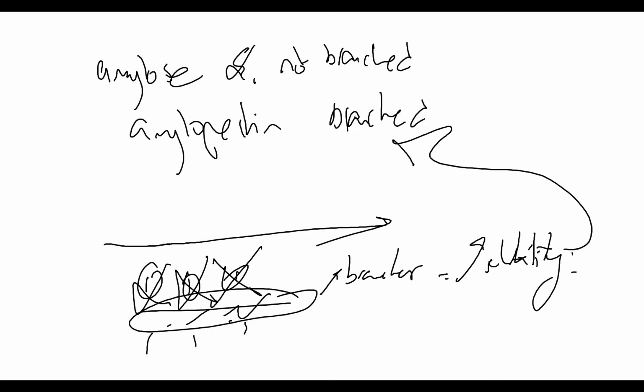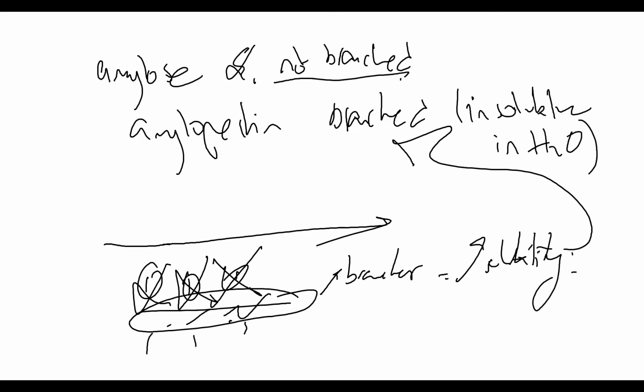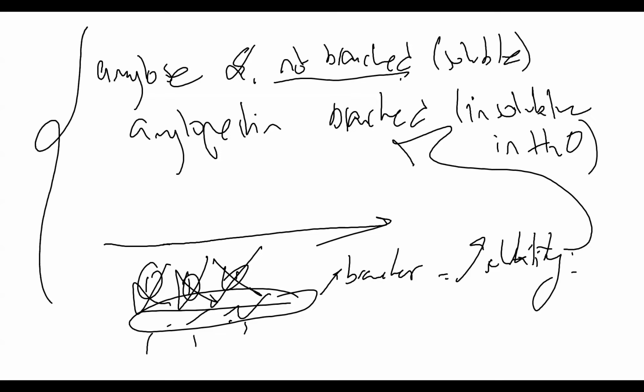Just take it as a note that amylopectin is insoluble in water. And amylose, since it's not branched, linear, it's soluble. I'm just speaking about amylose and amylopectin, I'm not including all other polysaccharides. Okay, guys?